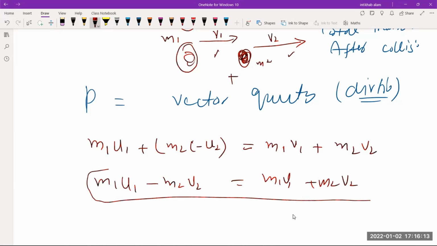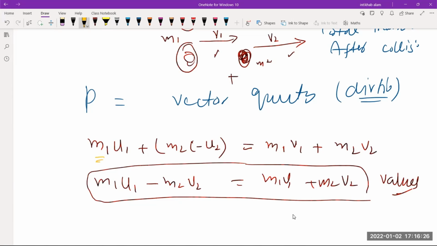And in place of m1, m2, v1 and v2, we can put in the values if we are facing any real life problem or situation. If the masses and the velocities are given, or if three of the velocities are given, you can find the remaining one. Even if not given, you can find it.